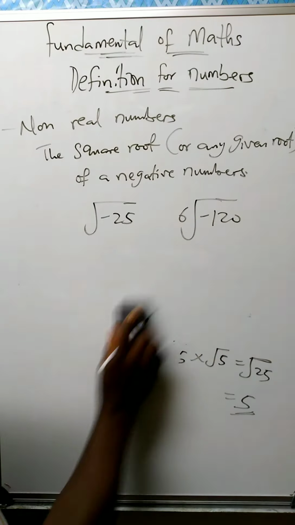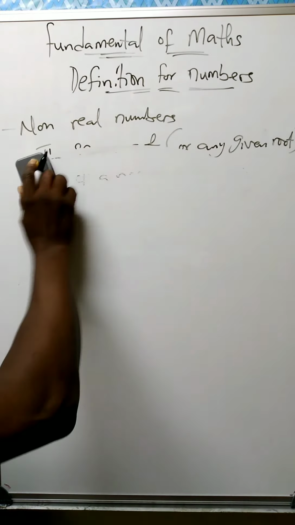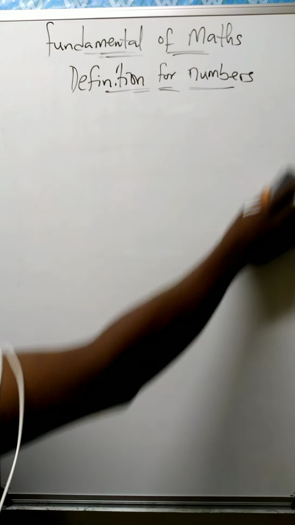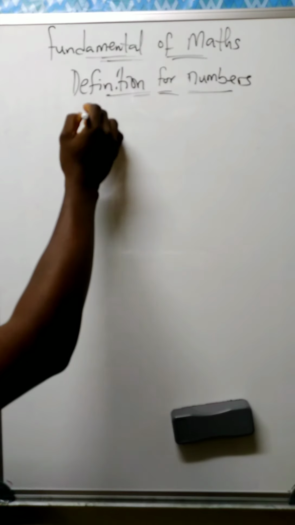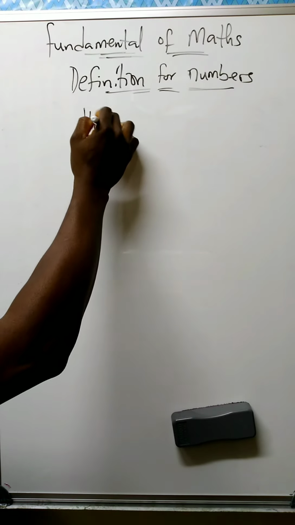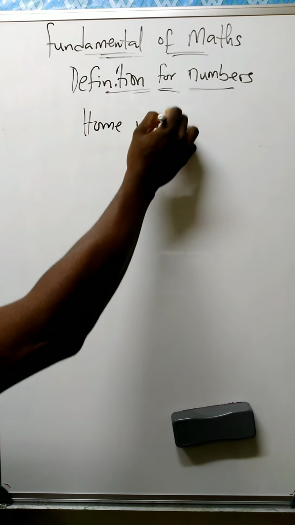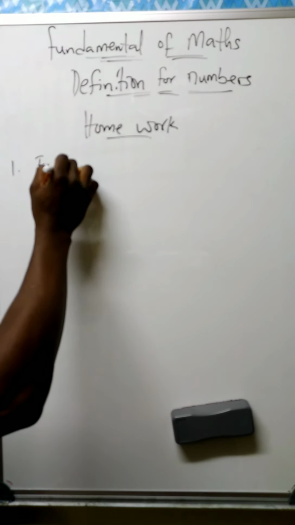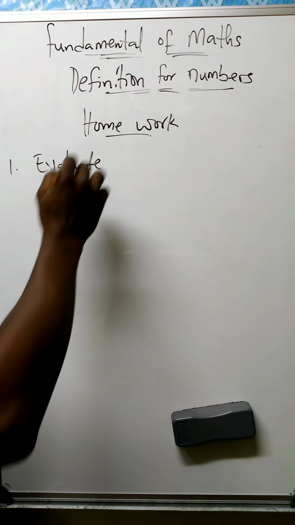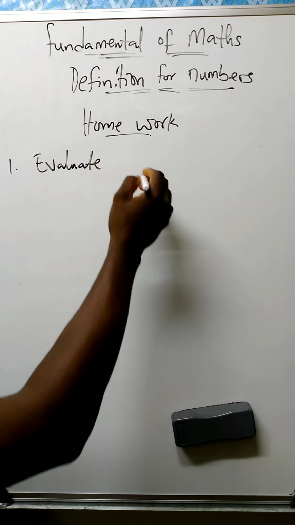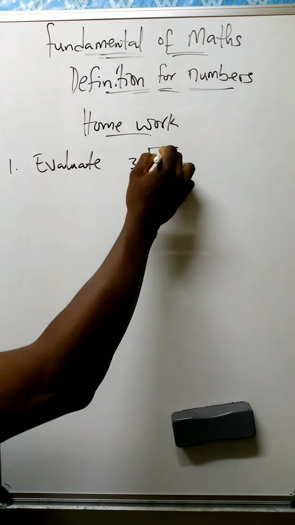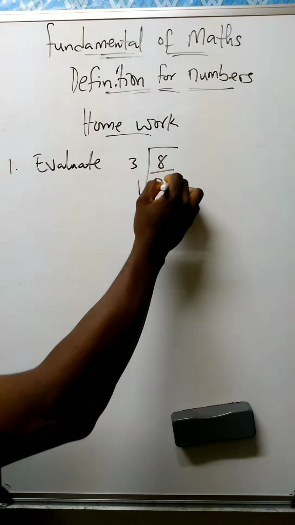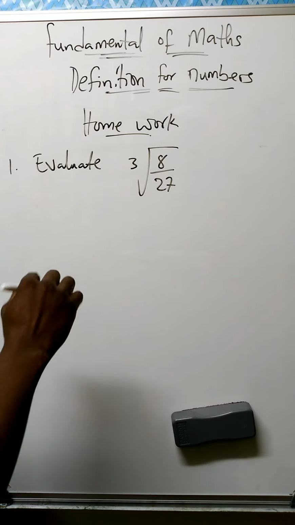So, for assignment for today, evaluate this: 3 root 8 over 27. Very simple question.